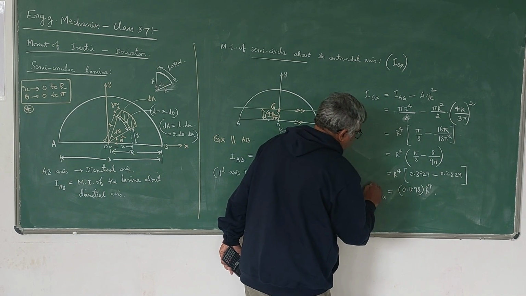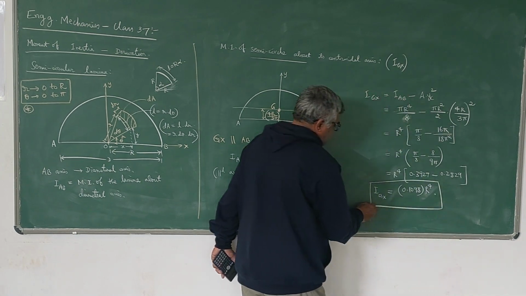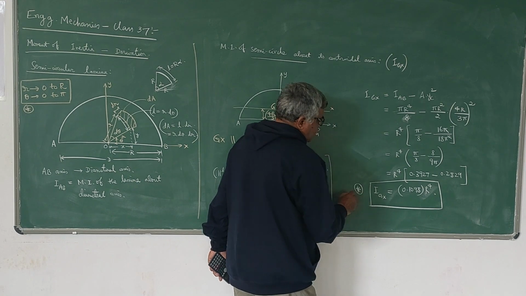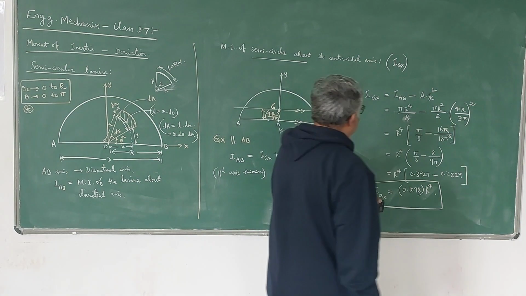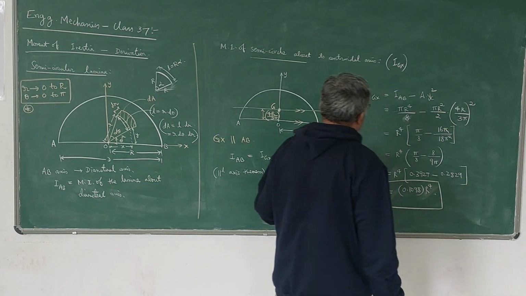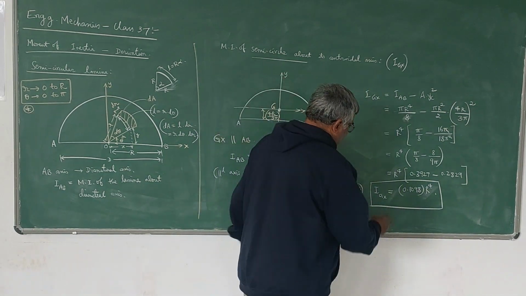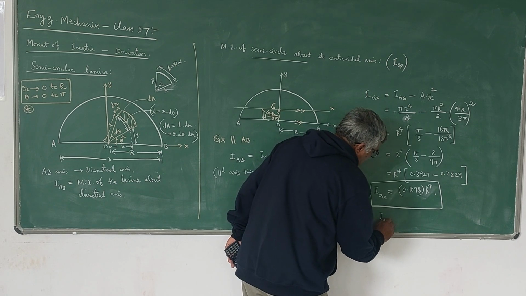So if they ask you to find the moment of inertia of the semicircle about the centroidal axis, this is the answer. About the diameter axis it is pi r power 4 by 8.